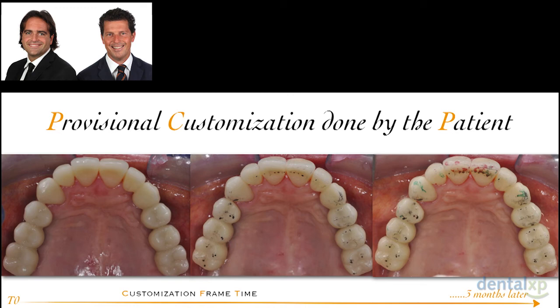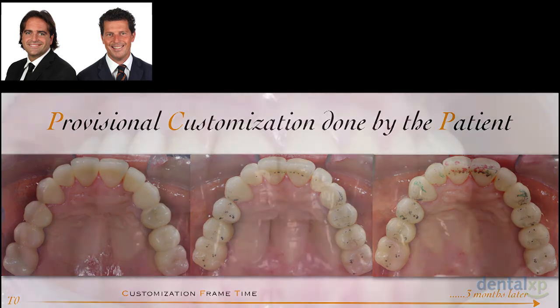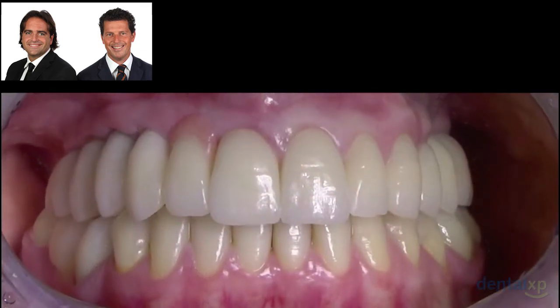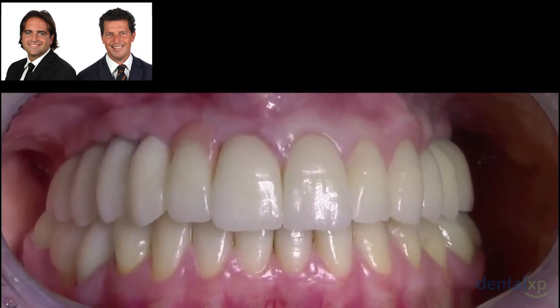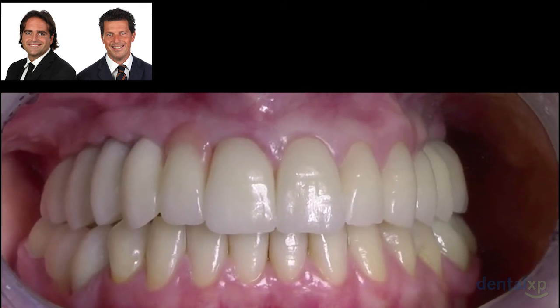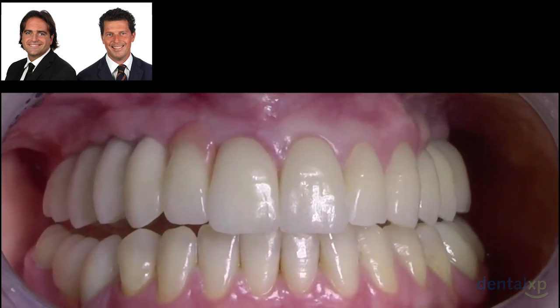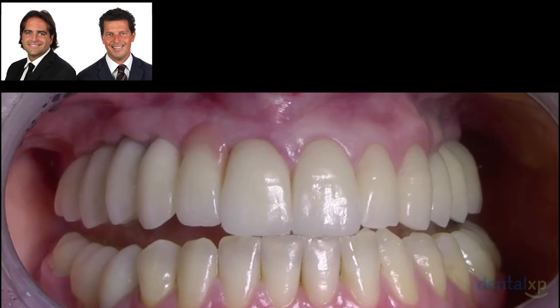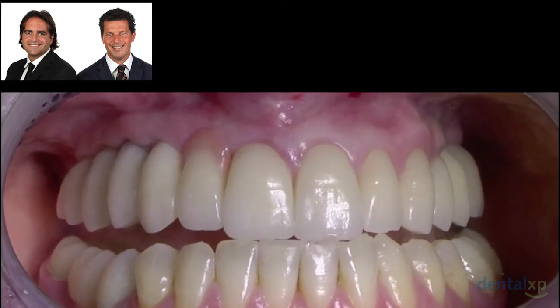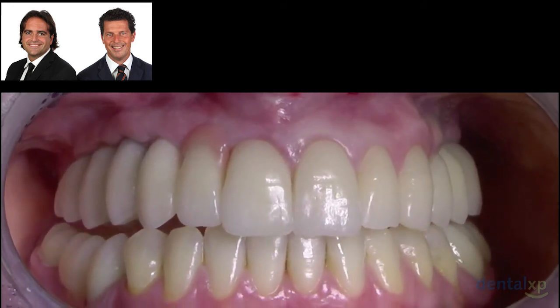And using the new materials, we can go to the final restoration, knowing exactly what the function is for this specific patient. And of course, it's always important to involve her in the treatment plan. We put the provisional in place, we do all the function evaluation, and then we show the videos to her.